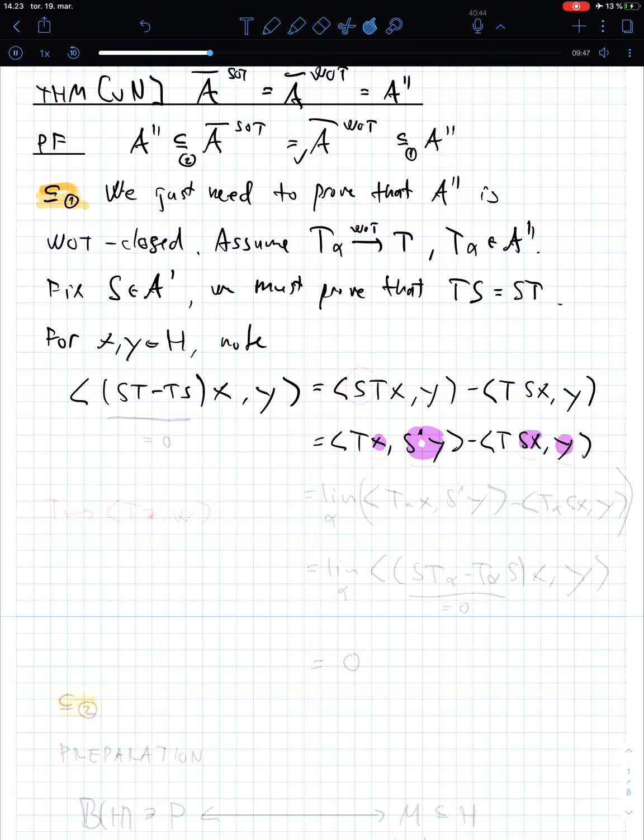Because I know that I have some vectors here, they're called x, S star y, Sx, and y.